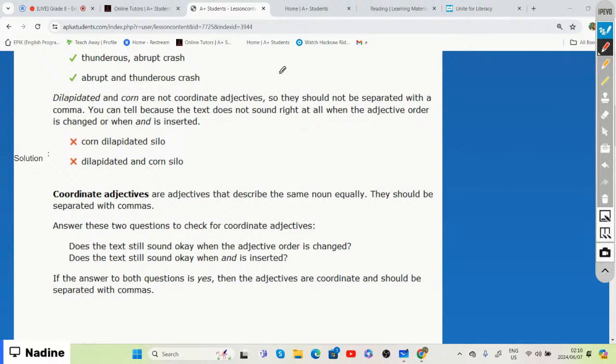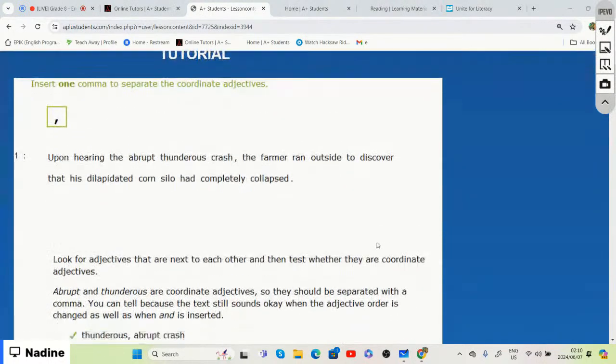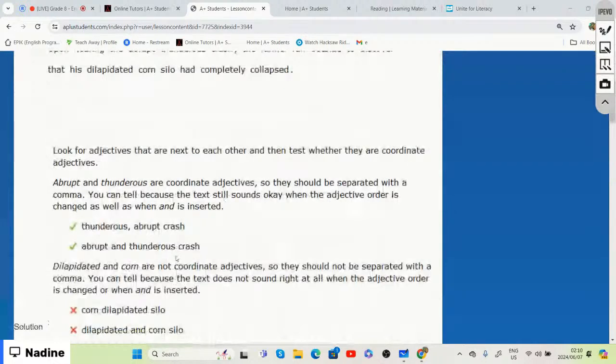All right. So we are now going to find out what coordinate adjectives are. We look for adjectives that are next to each other and then test whether they are coordinate adjectives. And remember, we need to ask ourselves those two questions. If both of those questions are yes, then by all means you have coordinate adjectives.